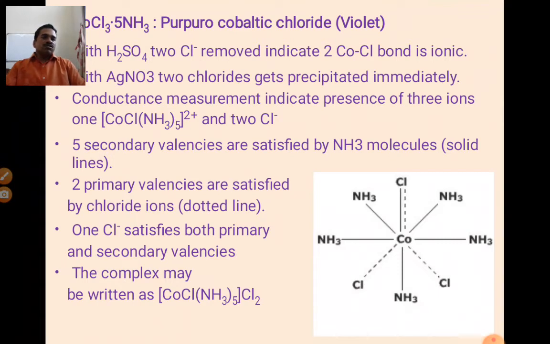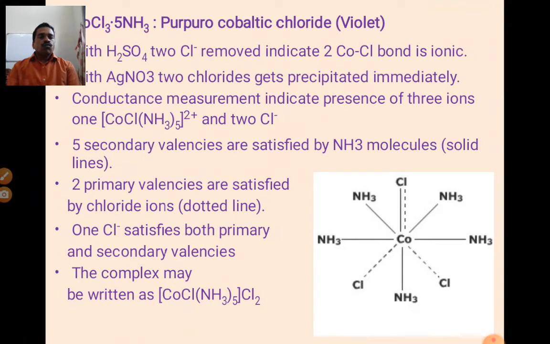The molar conductance measurements indicate presence of 3 ions. One is the complex ion as shown and 2 chloride ions. On these evidences, we say that 5 secondary valencies are satisfied by ammine ligands, which are shown by solid lines. 2 primary valencies are satisfied by chloride ions, which are shown in dotted lines in this diagram.